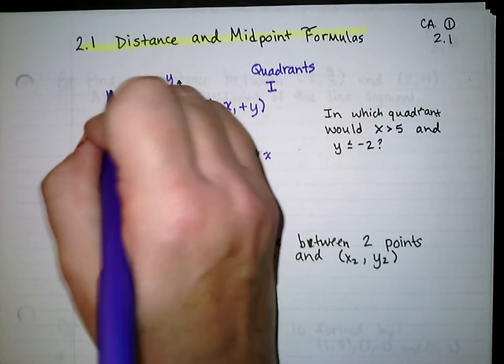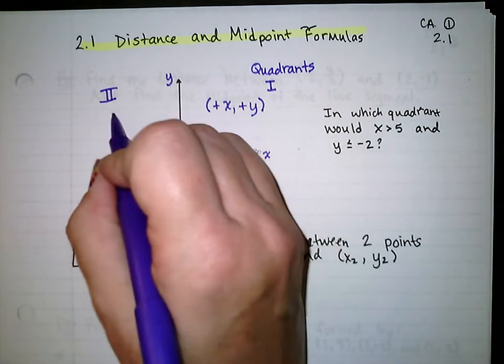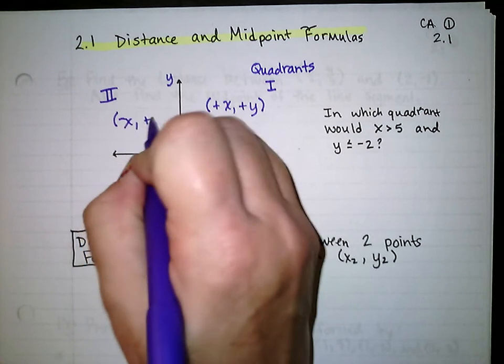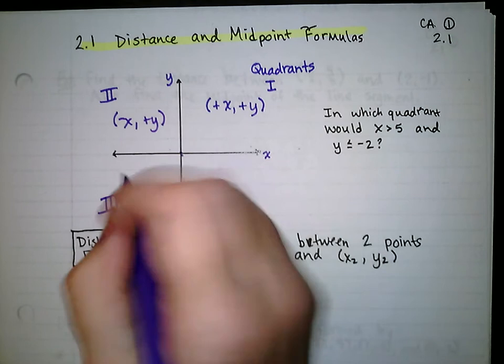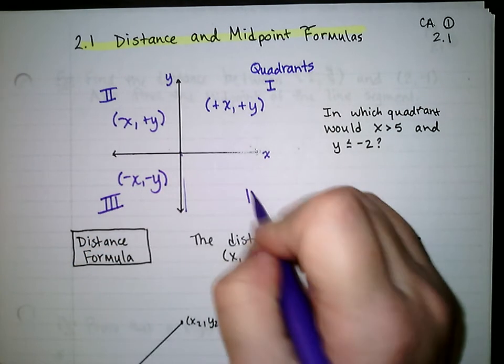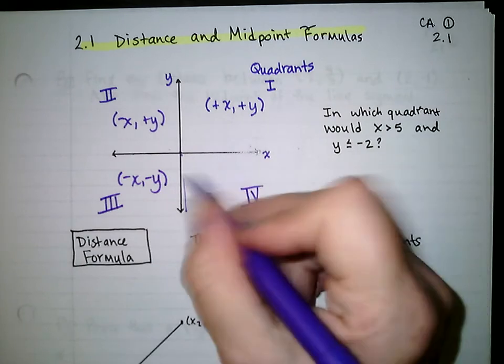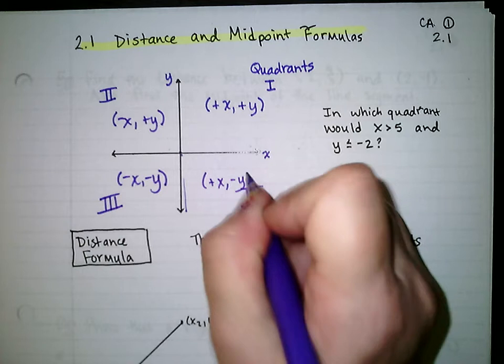Quadrant 2 has negative x coordinates and positive y coordinates. Quadrant 3 in the lower left has negative x coordinates and negative y coordinates. And then quadrant 4 has positive x's and negative y's.